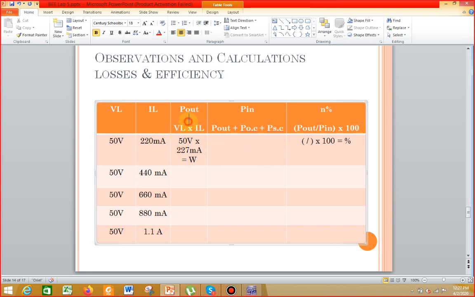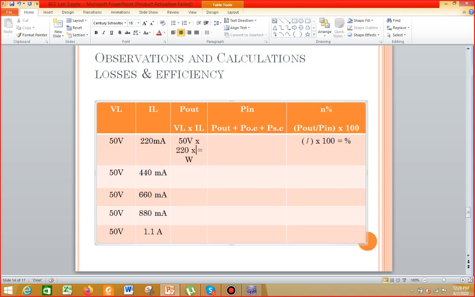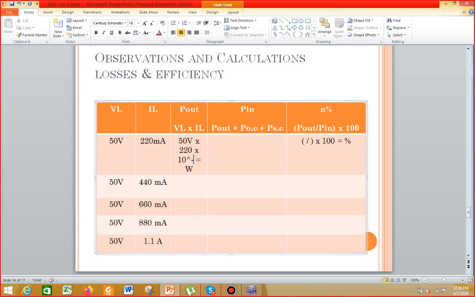Okay, so first of all we have to calculate the output power. Output power can be calculated by multiplying the load voltage and the load current. So in this case 50 volts multiplied by 220 milliamps. Remember that 220 milliamps means that you have to multiply by 10 raised to the power minus 3 first.